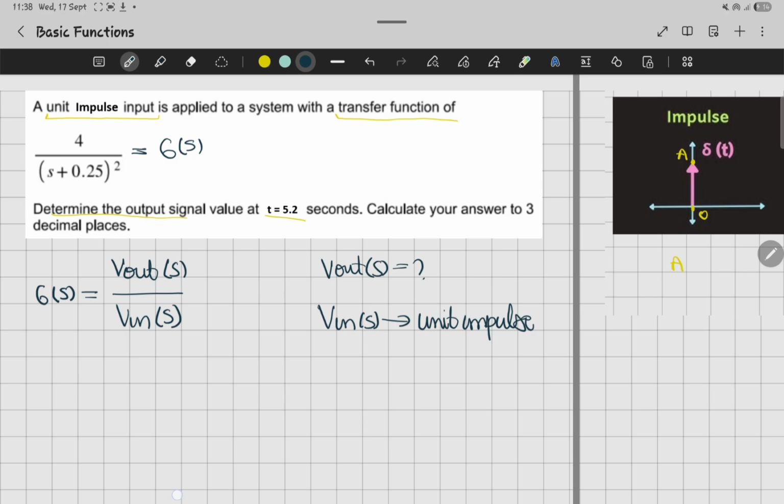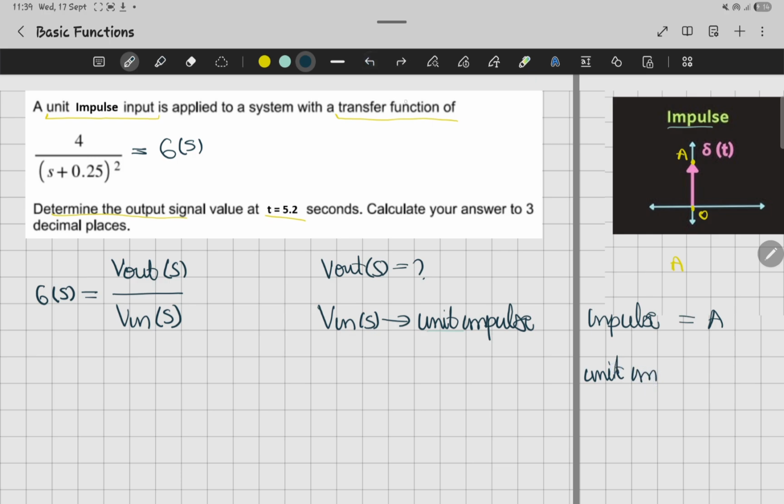Input. Now the question is, what is the impulse input? So here, this is the impulse, and the impulse is equal to A. Now what is the meaning of unit impulse?